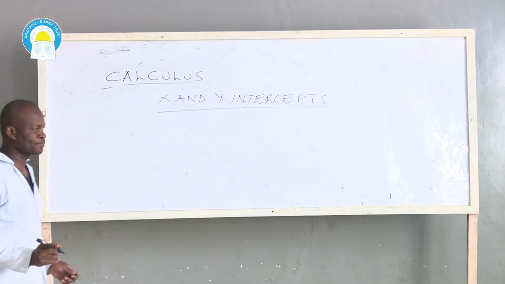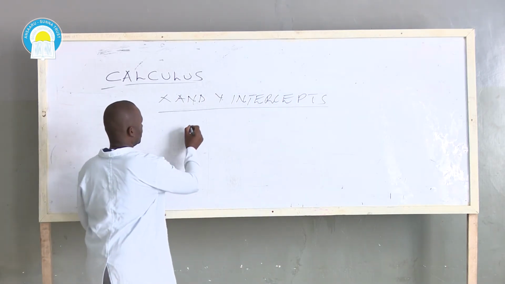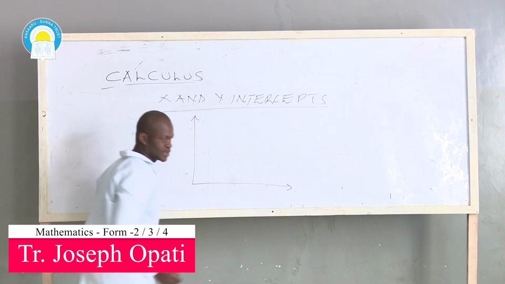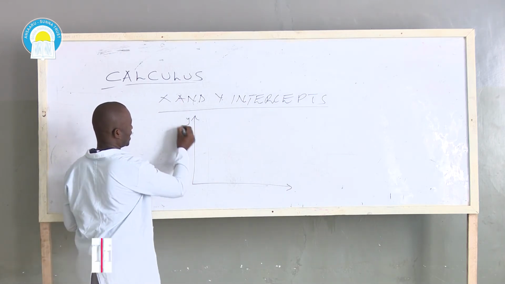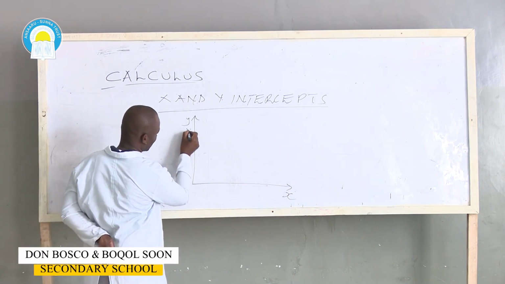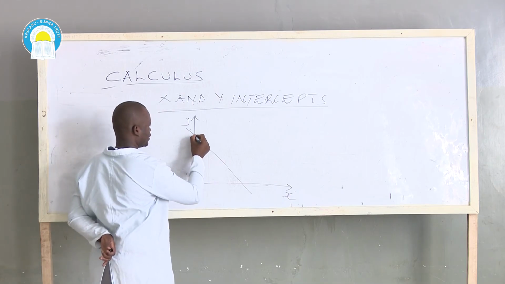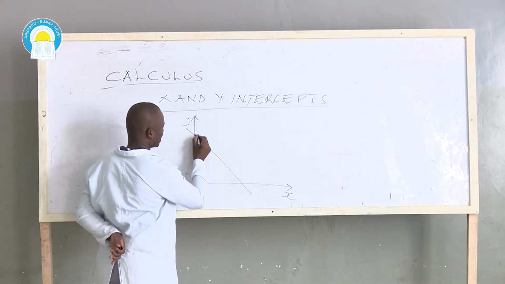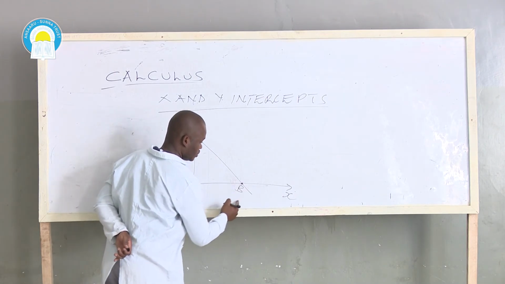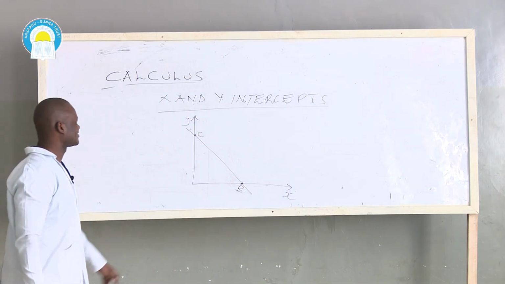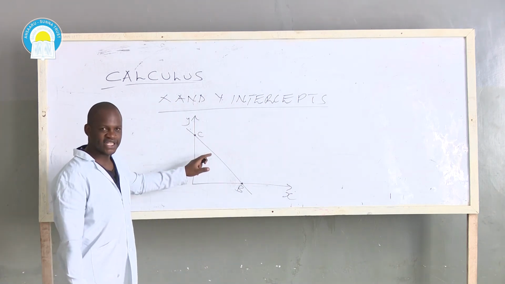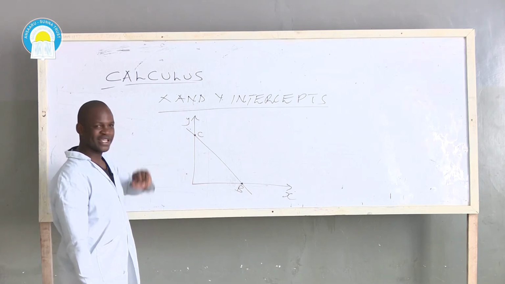So let me have the diagram which I'm going to use to explain that concept. Given a straight line, we have the y-axis, we have the x-axis. We have the line touching the y-axis at that point, which I'll call C, and touching the x-axis at this point, which I'll call point B. We are saying the y-intercept is a point where a given line cuts the y-axis.